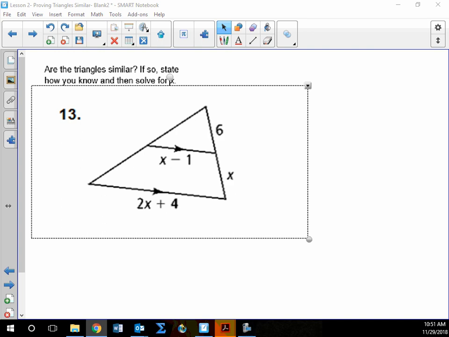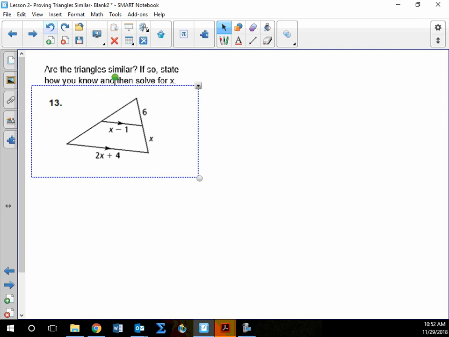Alright, so same song, same dance. Are the triangles similar? If so, state how you know and then solve x. Wait, it says are the triangles similar? What triangles is it talking about? Oh, I know this one. Yes, Benaya.